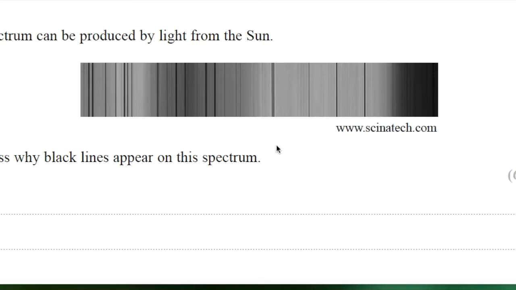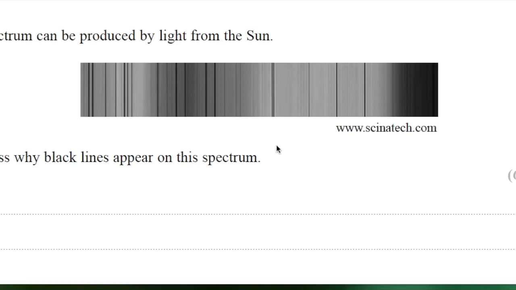But will all these electrons move to a higher energy level? No. The energy levels are discrete. So only for certain energy levels, if they absorb, will they move to the next higher level. So the next point would be what? The energy of the photon must be equal to the difference in these energy levels, right? So only those electrons will move up to a higher energy level, and there are only a limited number of energy differences available.